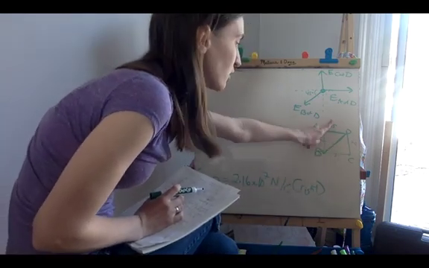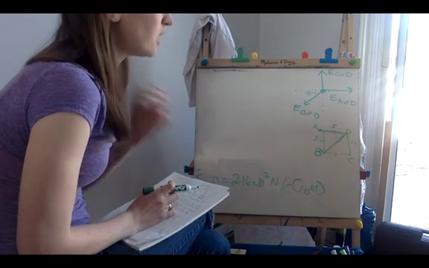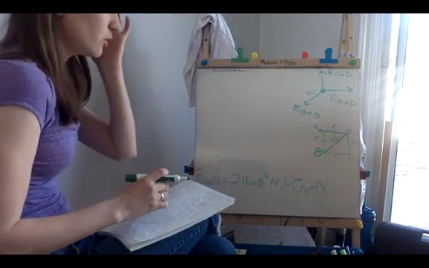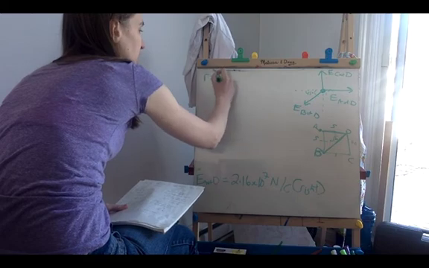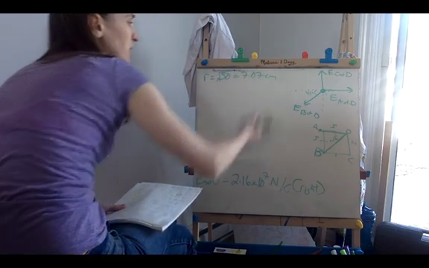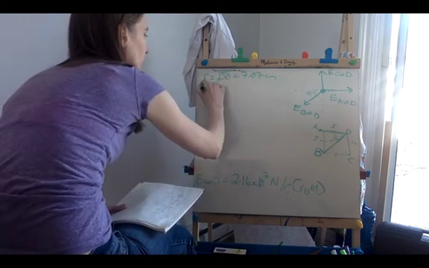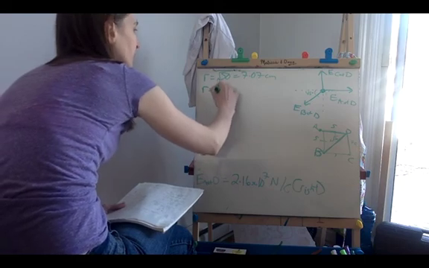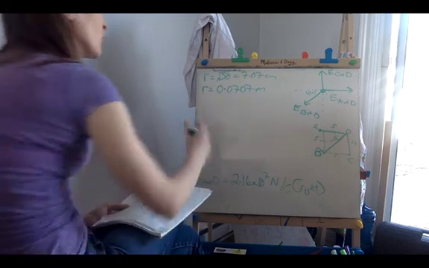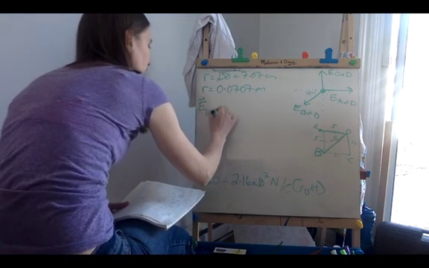So 5 squared plus 5 squared is 50, and so R is going to be root 50, which is about 7.07 centimeters, but we need it in meters, so R is going to be 0.0707 meters.